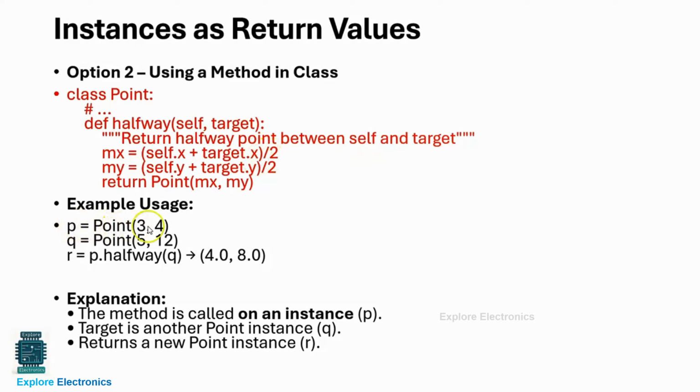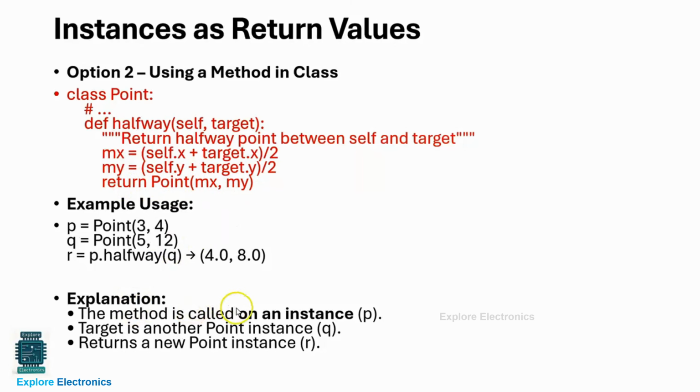Here p = Point(3, 4), q = Point(5, 12), and r = p.halfway(q). Here (3 + 5) / 2 gives 4, and (4 + 12) / 2 gives 8. That's why it will return 4.0 and 8.0, same as the previous example. It will return the point with mx and my.